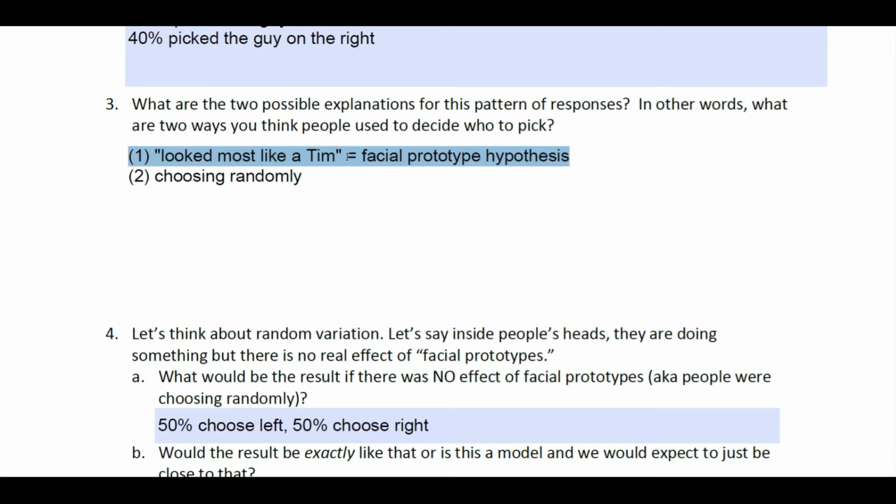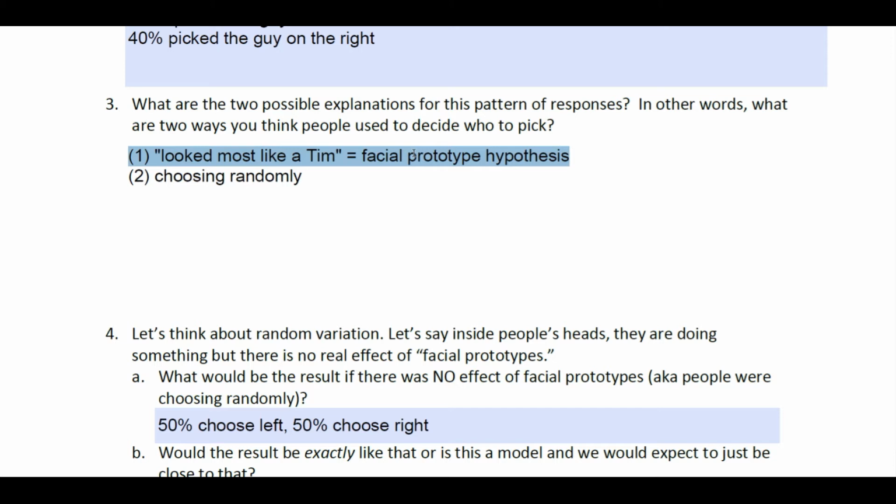We all might have slightly different opinions, especially if people think the guy on the left or the right looks more like Tim. That's going to influence their decision, right? So it doesn't really make sense for us to start by making the model based on the research hypothesis that we're interested in, the thing we suspect might be going on that we're testing for.